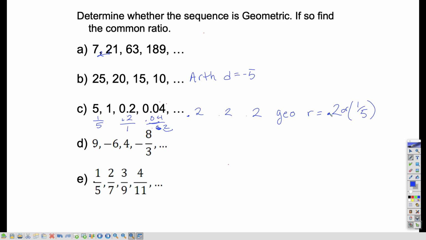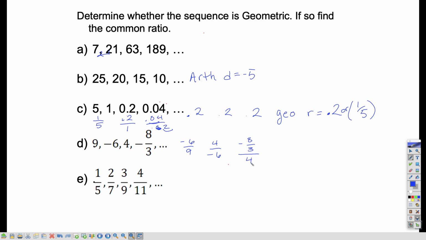Okay, now we've got 8/3, yes? So we have -6/9, and I'm not even gonna check arithmetic because I go plus, minus, plus, minus. Can that even be arithmetic? No. Okay, so I have -6/9, 4 over -6, and then -8/3 divided by 4.